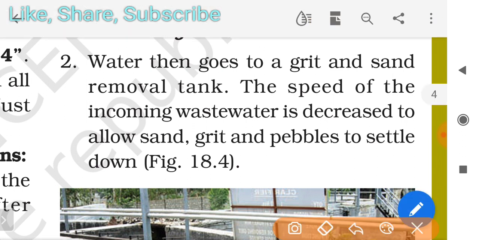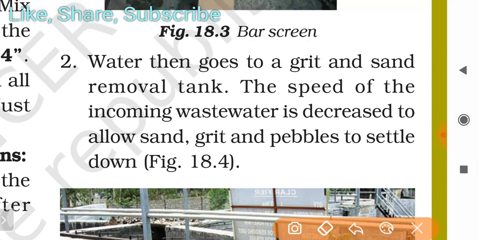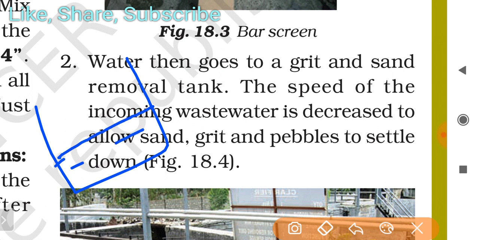You will understand by this example how sand settles down here. In class 6 you read about the separation of substances, the method of sedimentation. Suppose a mixture of sand and water is here.